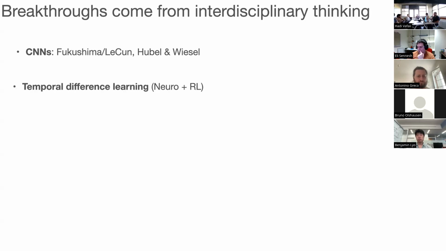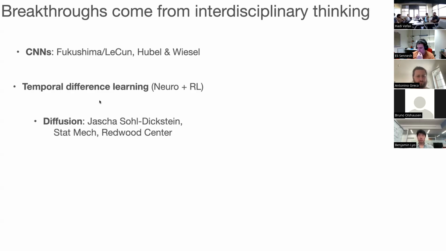Another example is diffusion, which is a very interesting one. Yasha was a PhD student at the Redwood Center, and he was inspired by modeling the brain as a generative model and bringing in ideas from statistical mechanics, and he ended up inventing diffusion, inspired by both the brain, but mostly by physics.